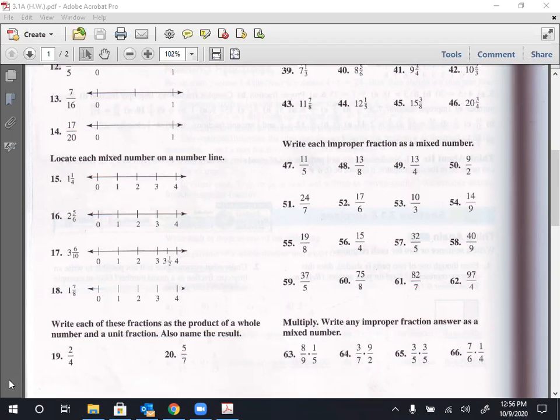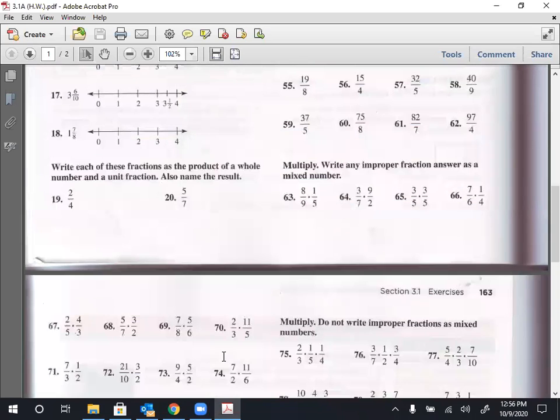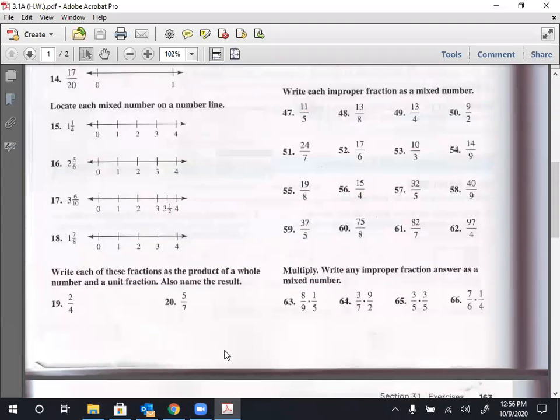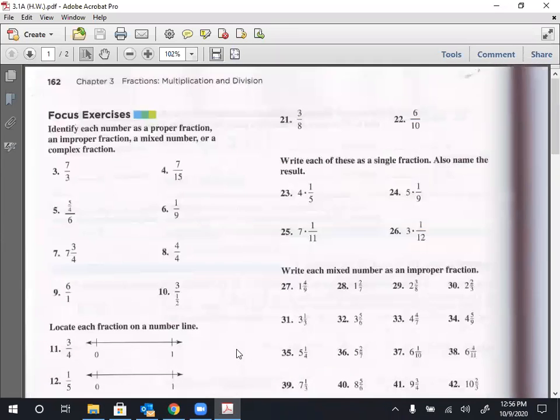19 to, can you write each of these fractions as the product of a whole number and a unit fraction? Also name the result. Scroll back up, I need the other column of that page.